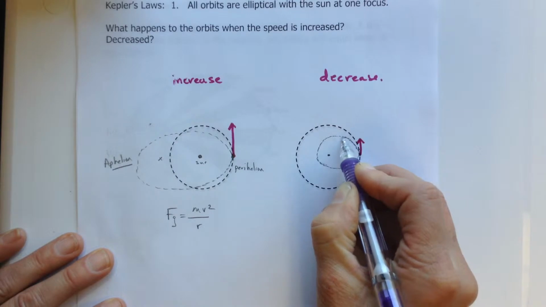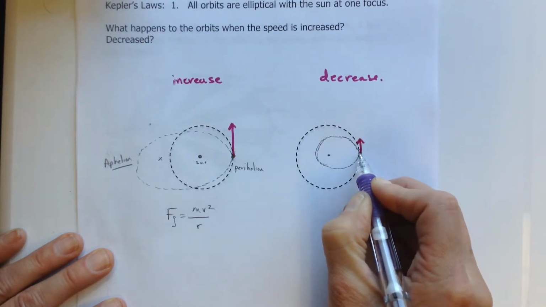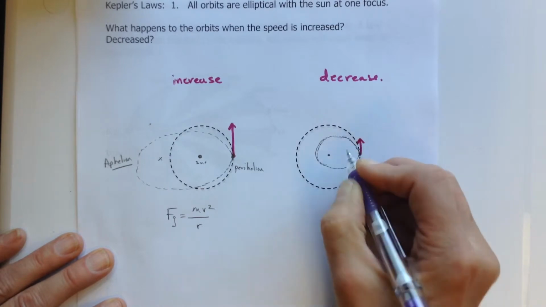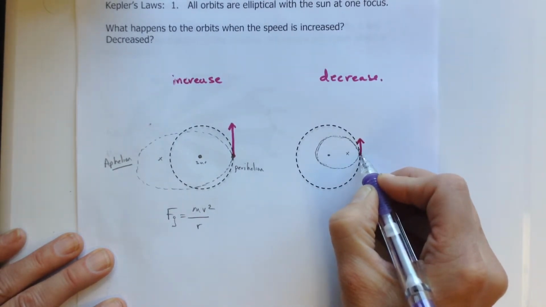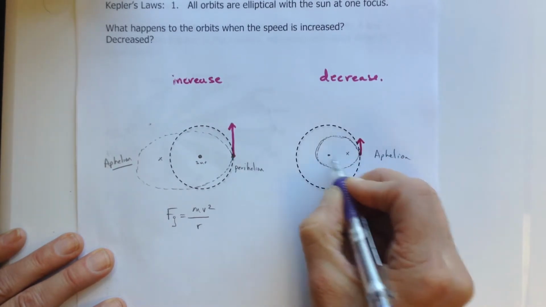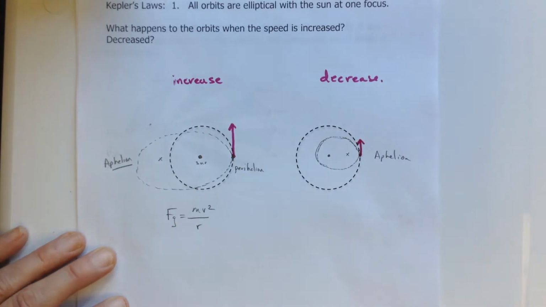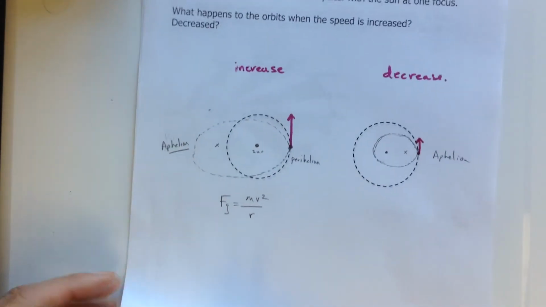Kind of looks like an egg, but doing my best here. Again, it just touches at that one point, the new orbit, and then the foci would be here. So here, where the satellite is moving the slowest, would be its aphelion position. So it's furthest away from the focus in that position. So this is basically Kepler's first law.